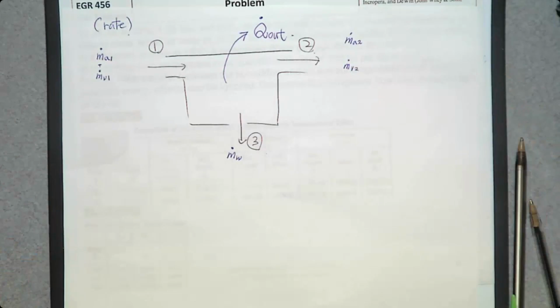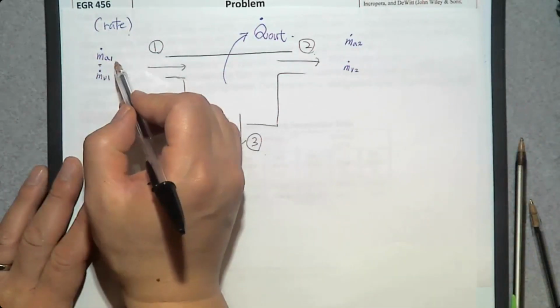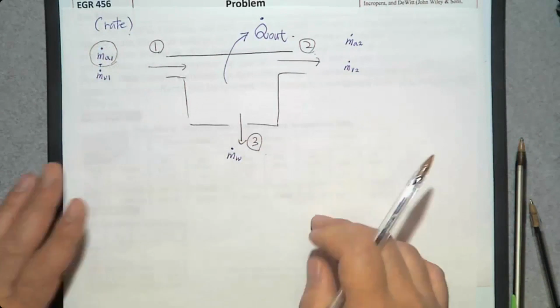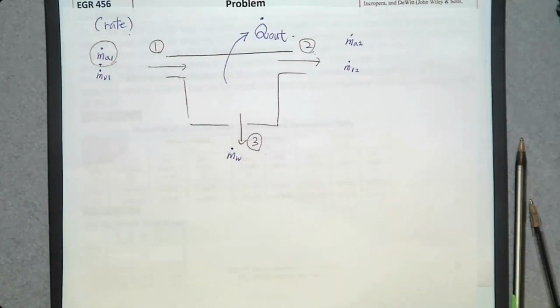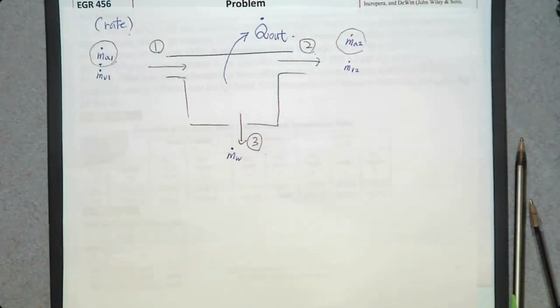So if we apply the mass balance equation, unless there is a chemical reaction between the dry air and the water vapor, which is not likely, the amount of dry air at the inlet number 1 should be the same as the amount of dry air at the exit number 2, because there is no dry air leaving at number 3.